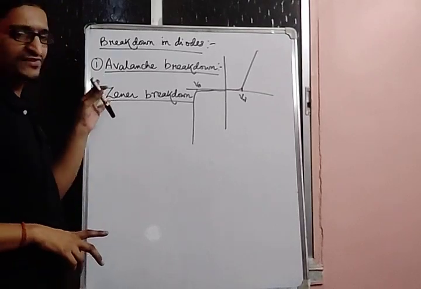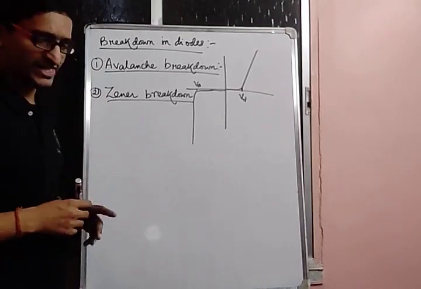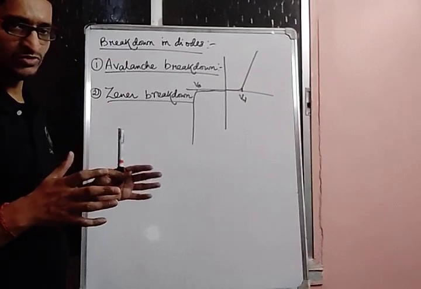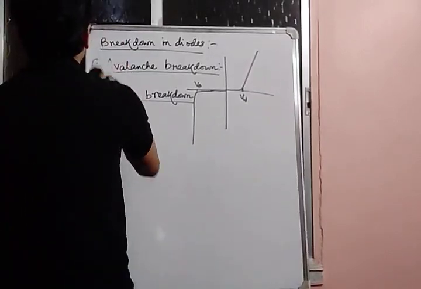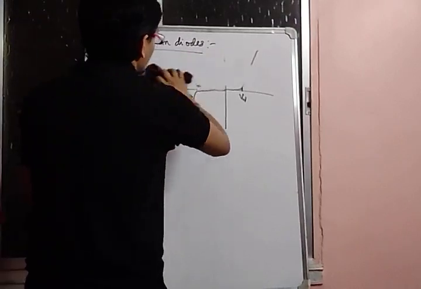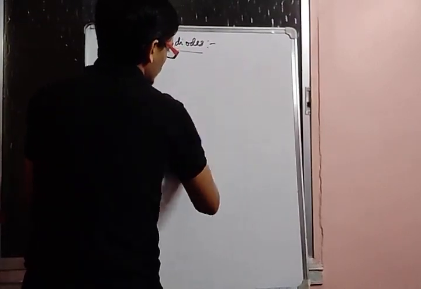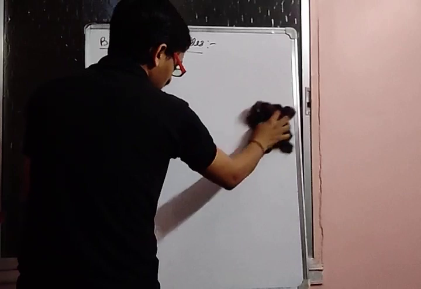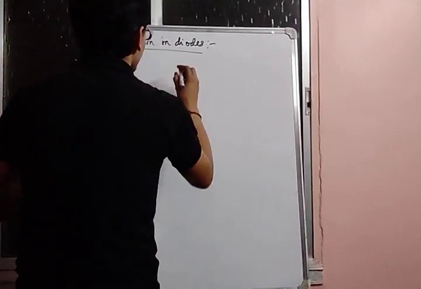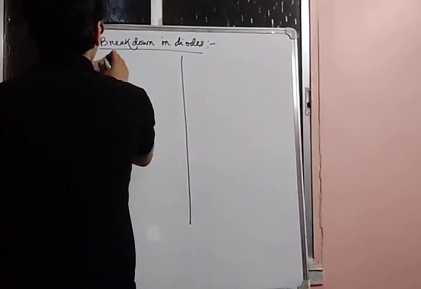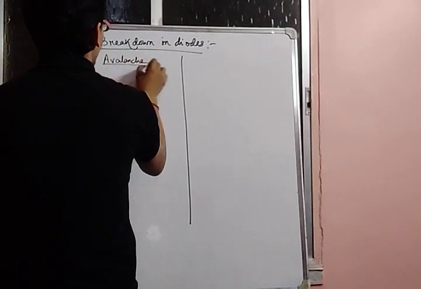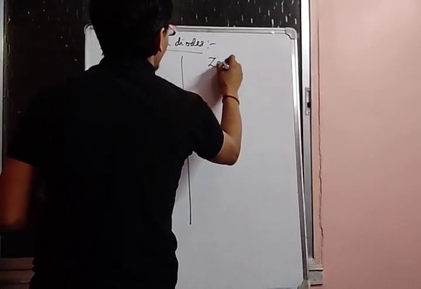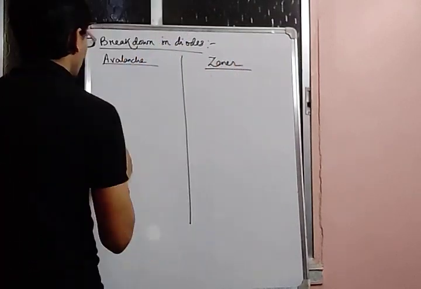So what is the difference between avalanche breakdown and Zener breakdown? Let us write this down in the form of a table. Here we write avalanche breakdown, and here we have Zener breakdown.